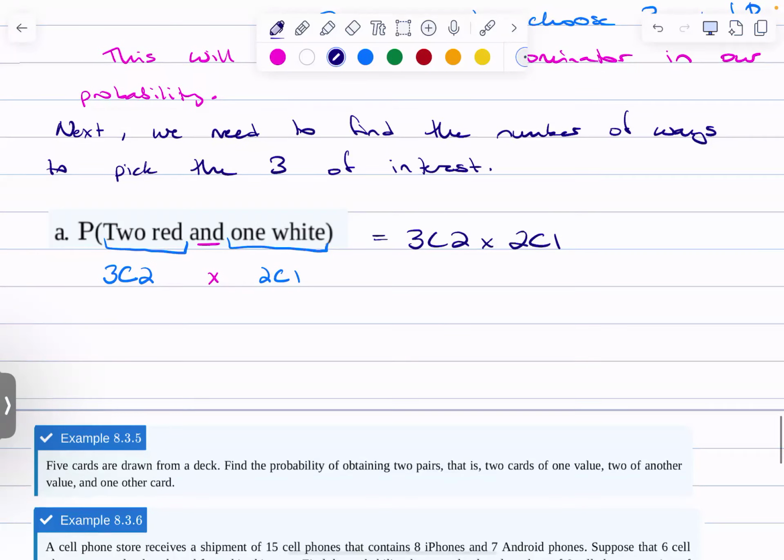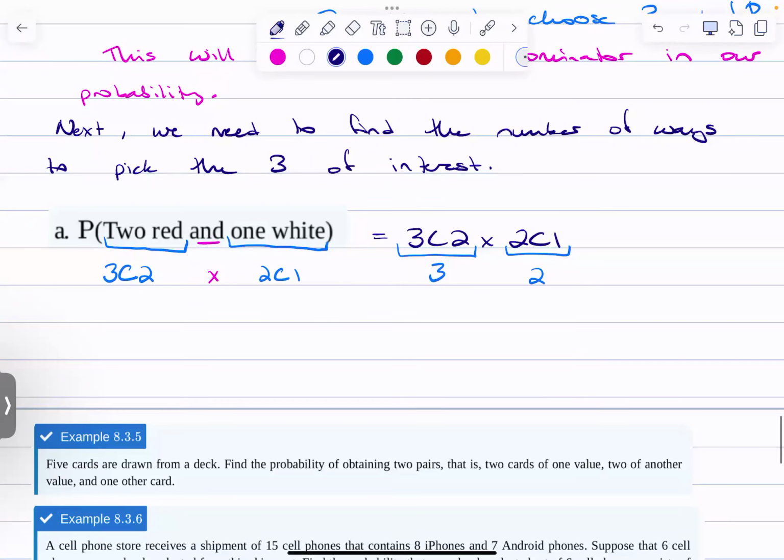Just make sure that you get the same numbers. 3. Which means that there are 3 ways to choose 2 things. And to choose 1, it's usually 2. So 3 times 2 makes 6.